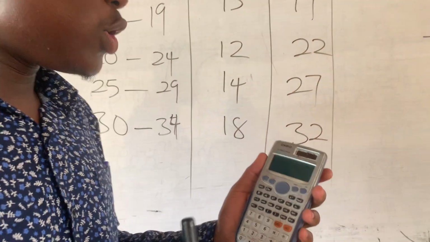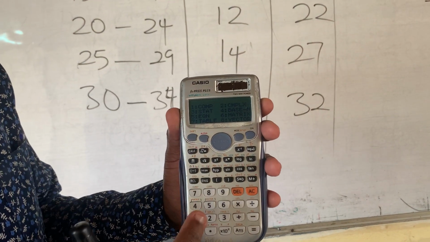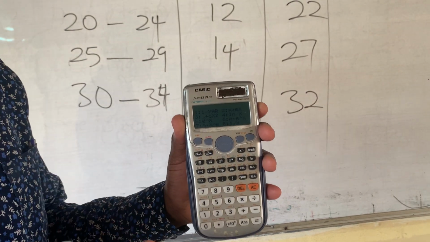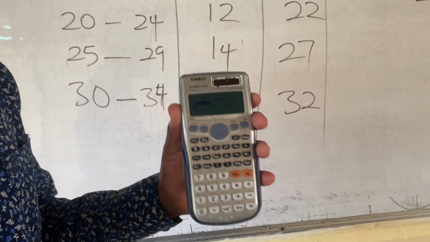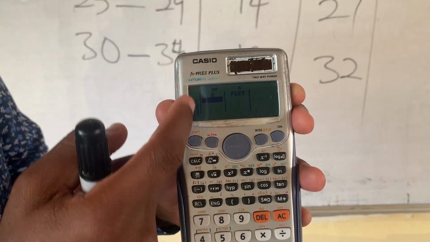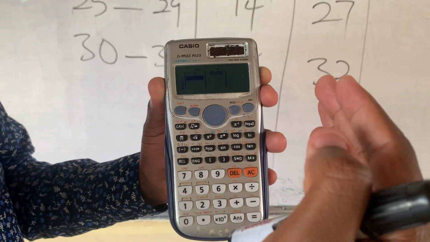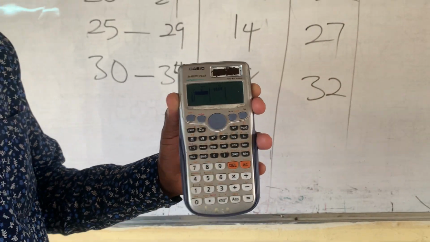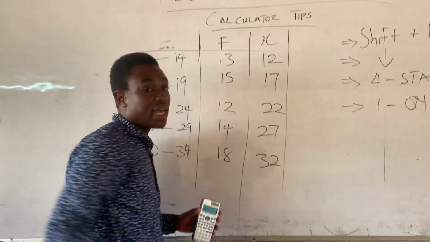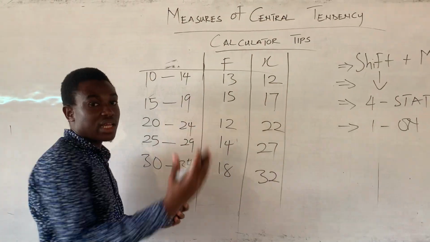So we are going to press mode, then we press 3, that is start. Then we press 1, that is 1 var. And over here you see that we now have 2 columns. So we have a first column with an X at the top and then a second column for frequency. So we are going to be entering our midpoint for the X, and then we enter the frequency in the other column.